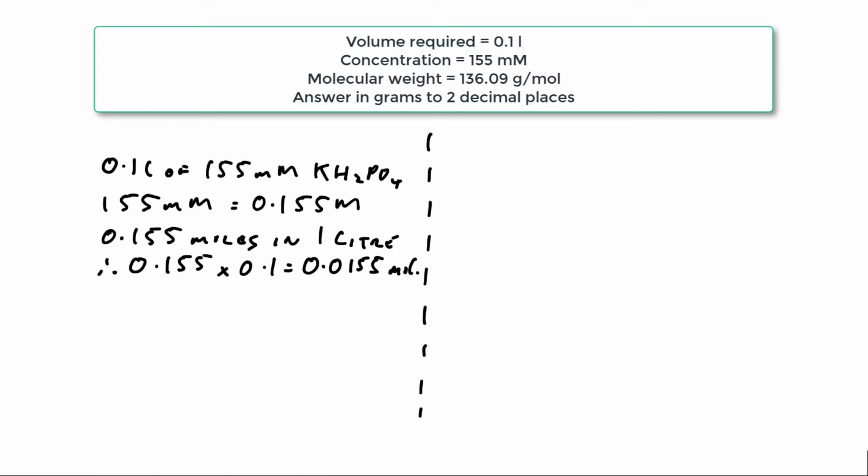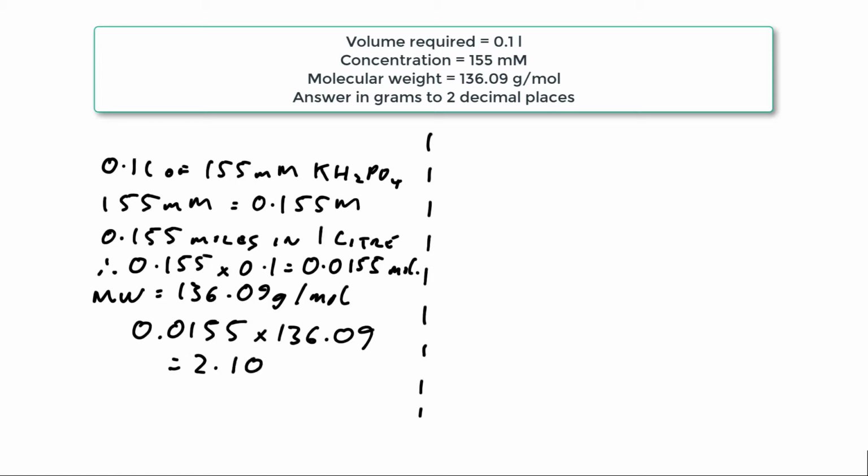Now the next question is, how many grams of potassium phosphate is equal to 0.0155 moles? To work this out, we take the 0.0155 and multiply it by the molecular weight of the potassium phosphate, which is 136.09 grams per mole. And this gives us an answer of 2.109395 grams.